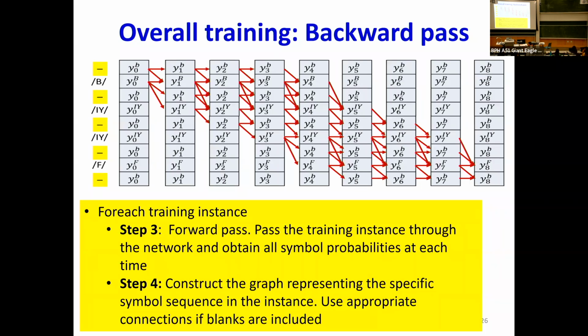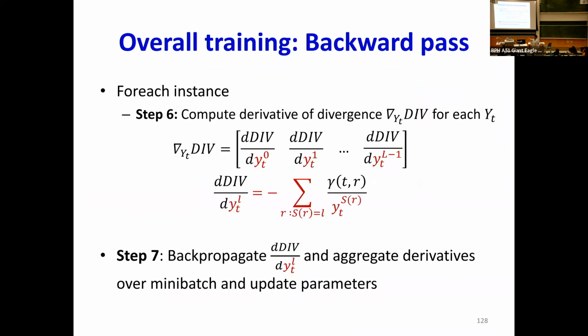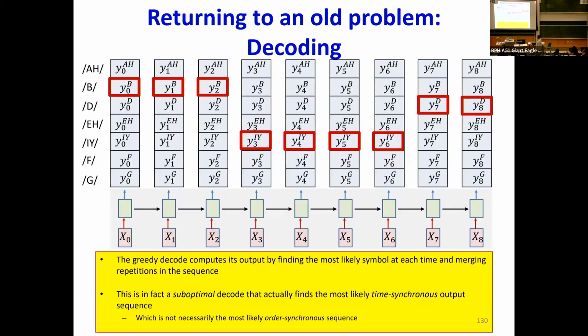So you compose the graph, then you perform the forward-backward algorithm to get the alphas and the betas, from which you get the posterior probabilities, from which you can compute the derivative vector, the gradient vector, which you can backpropagate to train the network, right? So everybody clear? Easy. The overall framework we just saw is referred to as CTC. It applies to models that output order aligned but time asynchronous outputs.